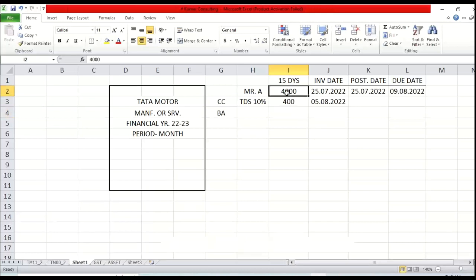So now, 4,000 worth of invoice we have received, out of which 10% TDS is supposed to be deducted. This 10% TDS got deducted. So how much payment is going to be received by the vendor? Only 3,600 worth of payment is going to be received by the vendor.